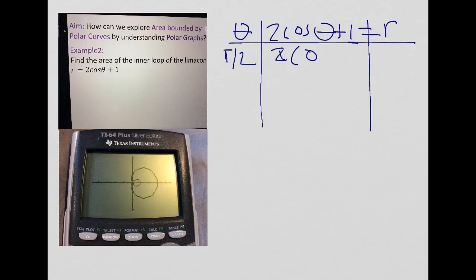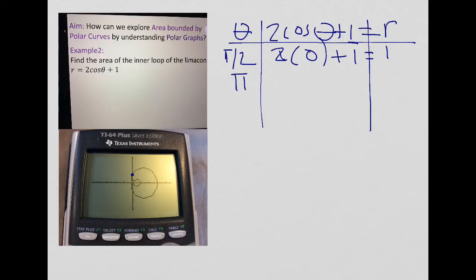And we end up with a radius of 1. And that makes sense. It seems to be crossing here at 1. So it seems that it's after pi over 2. So let's see if our angle measure is between pi over 2 and pi or not.